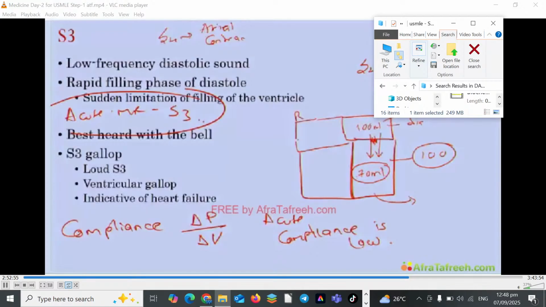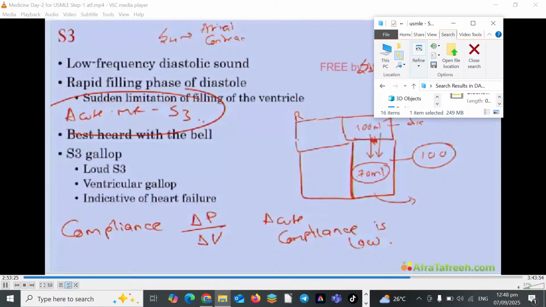S3 is not a sign of pathology in young adults. In young adults, the heart is compliant, they are running, they are active, sometimes they are drinking too much water or whatever. So S3 may be heard up to a particular age. But in the elderly, hearing S3 indicates heart failure. That indicates that the left ventricle is overloaded. It is non-compliant.